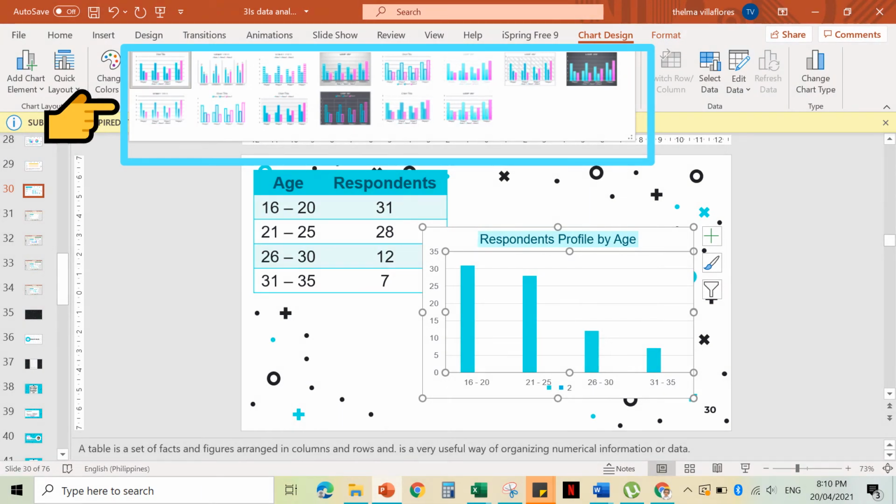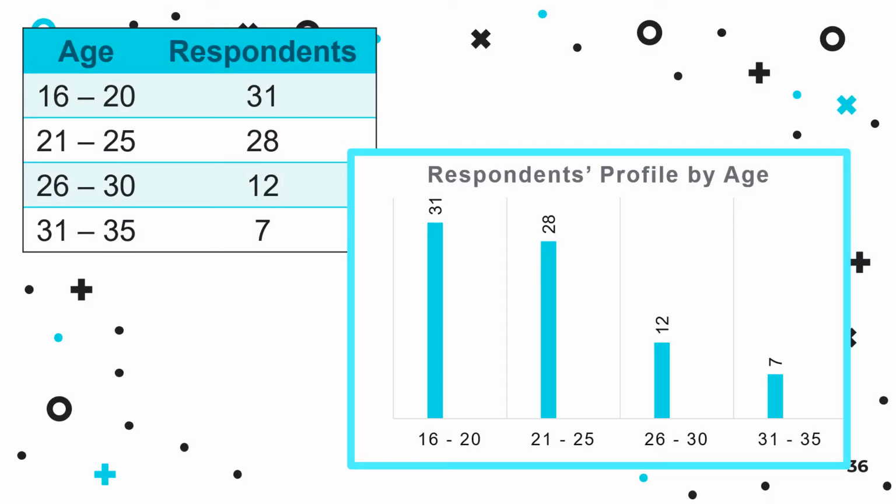Okay, if you do not like a particular design of a chart, you can always go to design, and then you choose the necessary design that will show the information that you would like to show to your readers. Okay, so as you would notice here, you easily have a graphical representation of the information that was provided in the table on the top.